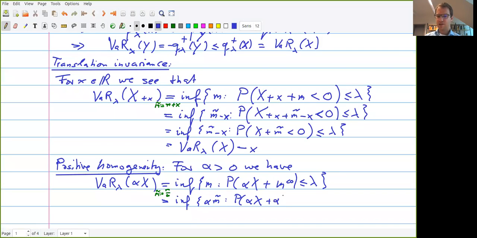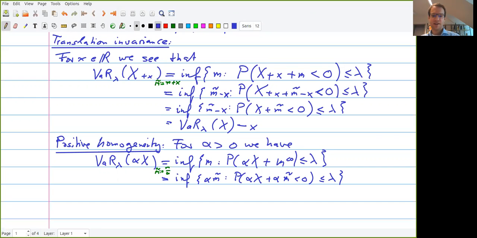And this gives me an alpha, and now I multiply it with m tilde. So nothing happened here. It's just a relabeling of the auxiliary constant. But you see here why I want alpha to be strictly positive in order to be able to do this.